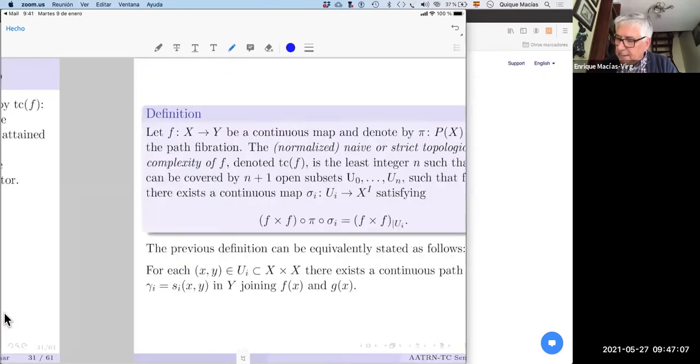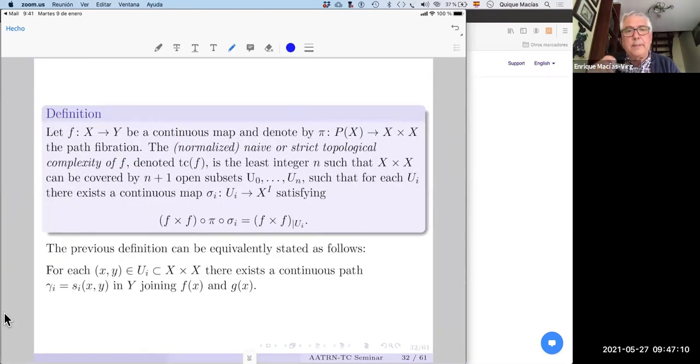Here you have the formal definition: the naive topological complexity is the least integer n such that you can cover the product by n+1 open subsets, such that on each U_i there exists a continuous map which satisfies this formula, that can be interpreted as you have a pair of points and you need a continuous path gamma joining f(x) and f(y).